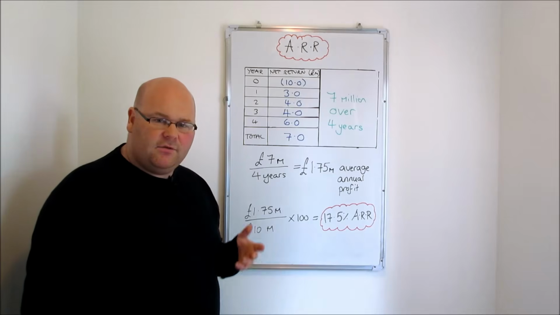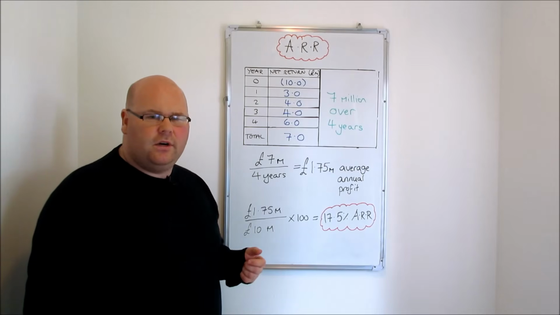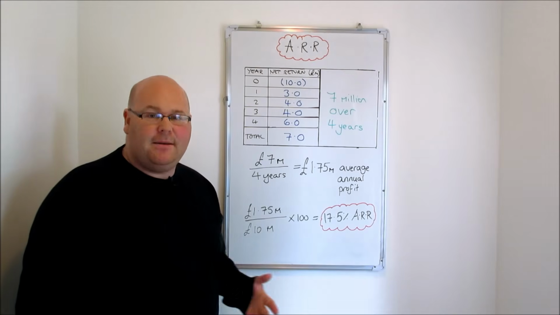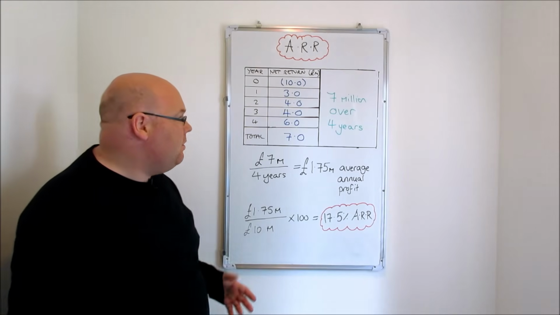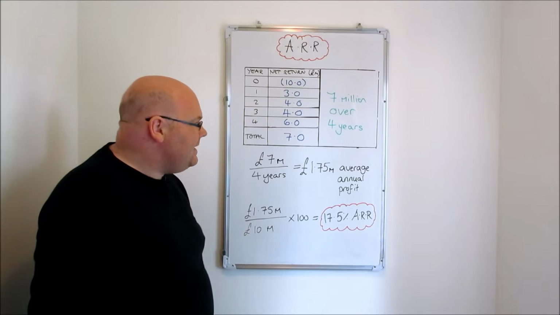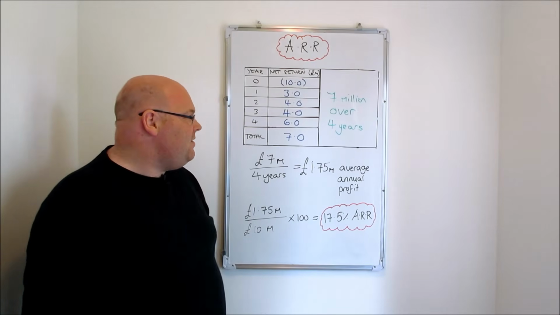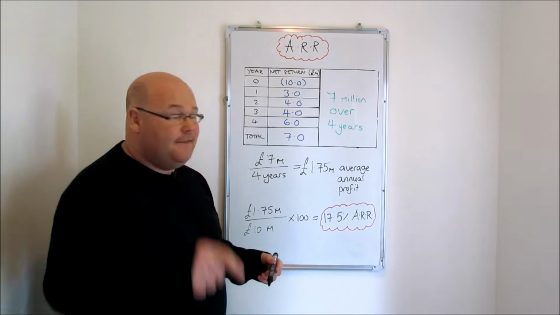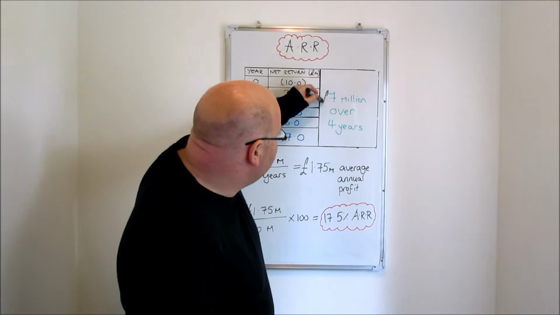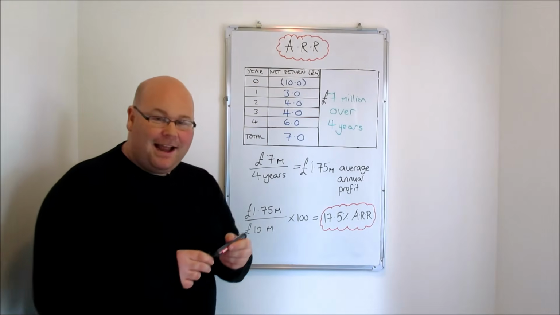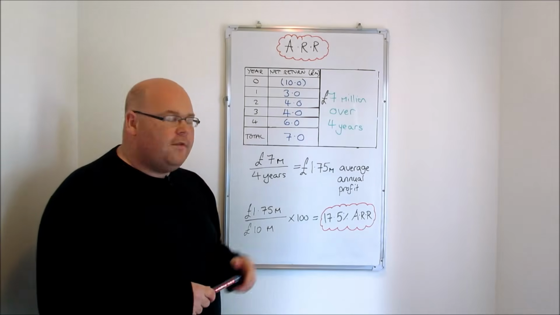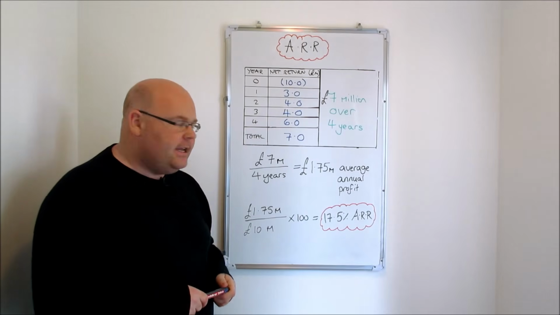So this project is going to return £17 million for the organisation. But we've got to remember, we've also got to deduct the initial £10 million cost as well. So what we're really saying is that if we invest in this project, it's going to make us £7 million over a 4-year period. In fact, if we're going to be OCD about this, let's get the pound sign on there. This chap is going to make us £7 million over a 4-year cycle.